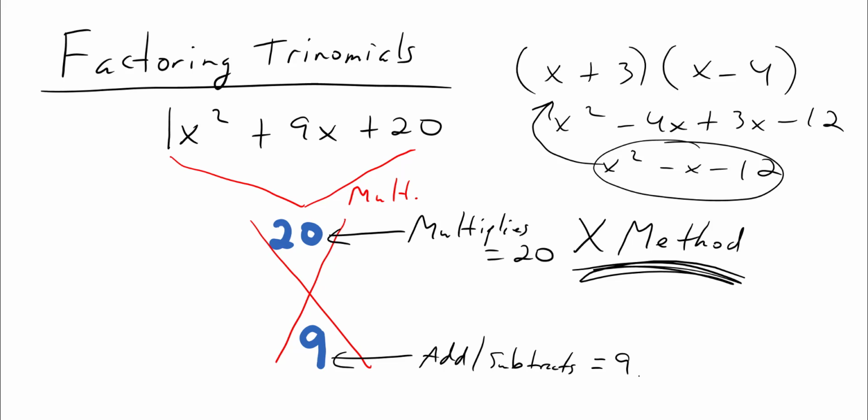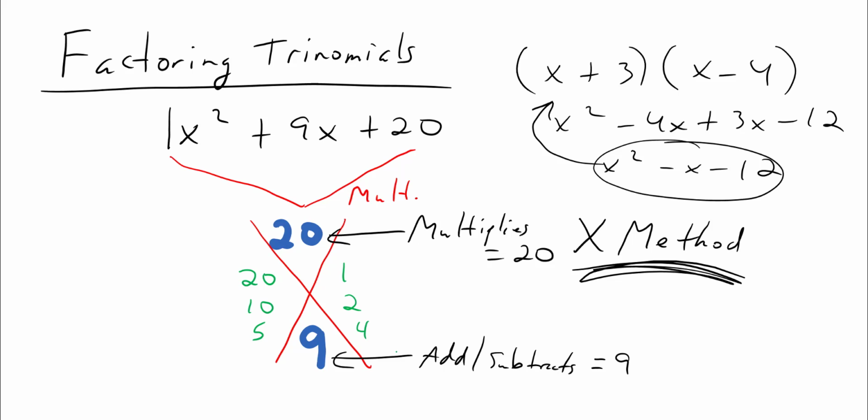So you always start with the multiplication, and you're just going to think of different numbers. Let's write some of the numbers here. Do you guys agree? 20 times 1. Also 10 times 2, and also 5 times 4. Now those are the only combinations. So don't tell me 4 times 5, because 5 times 4 is the same as 4 times 5.